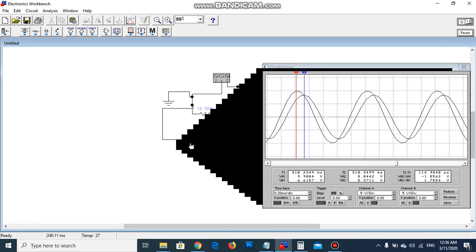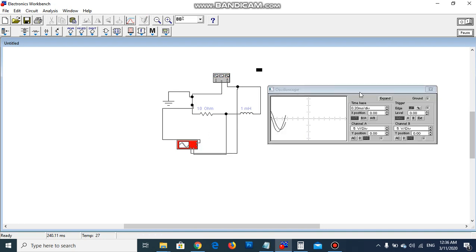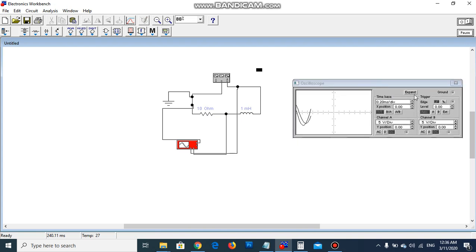Now this is the oscilloscope. As you see, this is the ground. Ground is between here, channel A is going there and channel B is here, which means that channel A measures the generator and channel B measures the resistor.